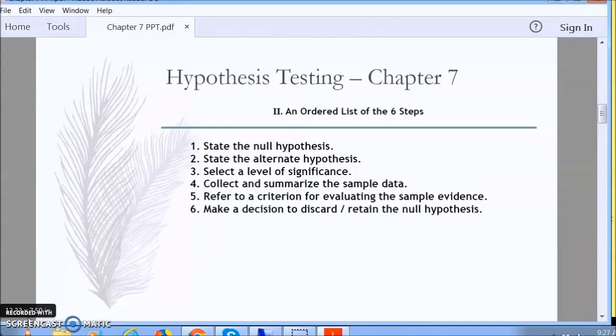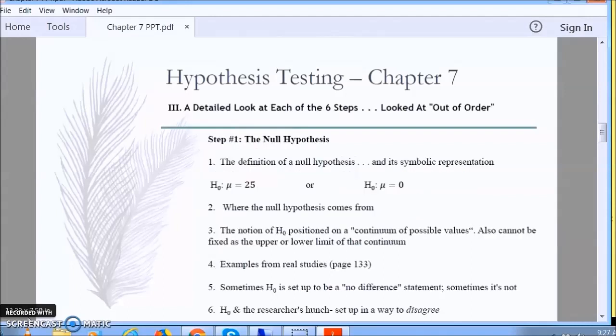While he gives the 6 steps, he talks about these steps out of order, and we will do the same thing because it helps understand the process better.